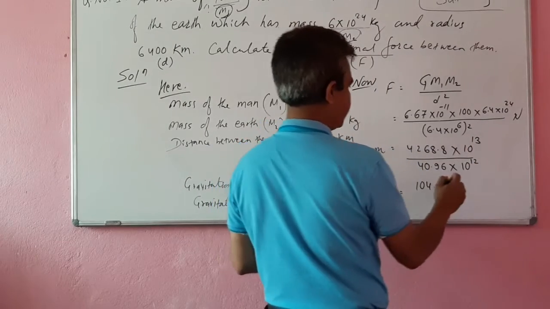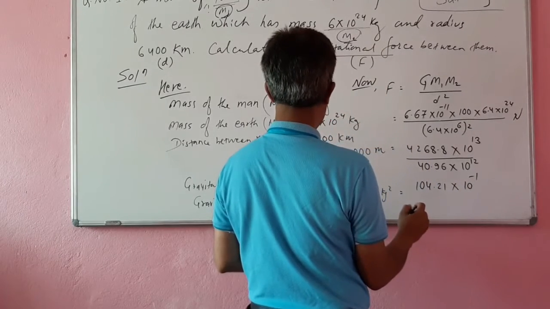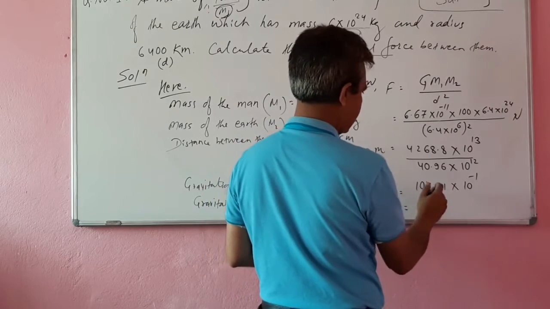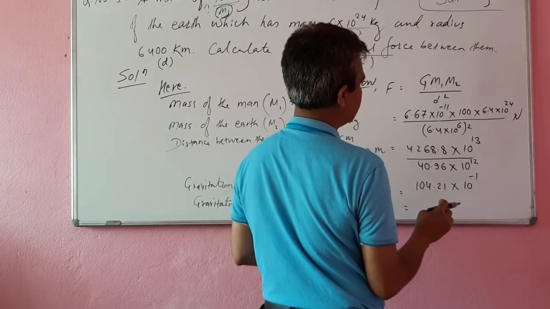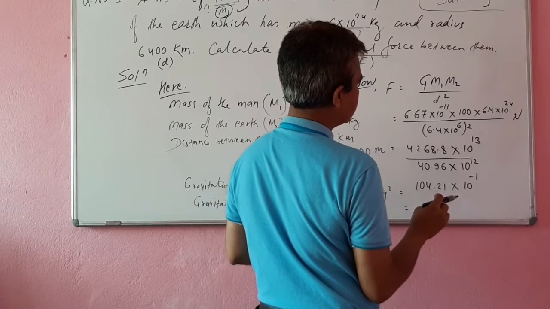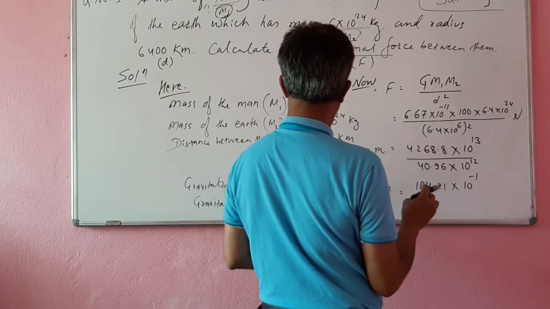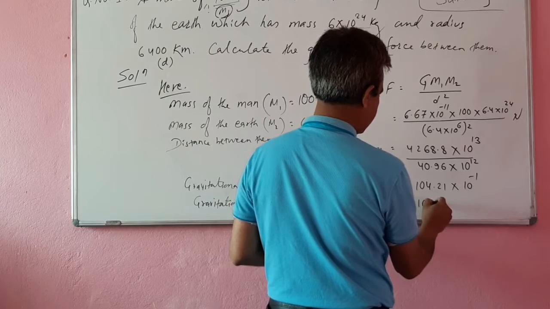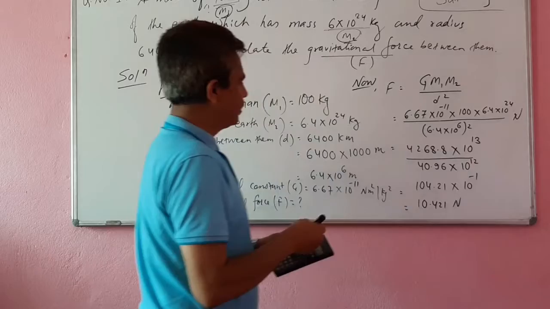Then how much does it come? 10 to the power minus 1. Now students, you just calculate the value. 104.21 multiplied by 10 to the power minus 1 means 10.421 Newton.